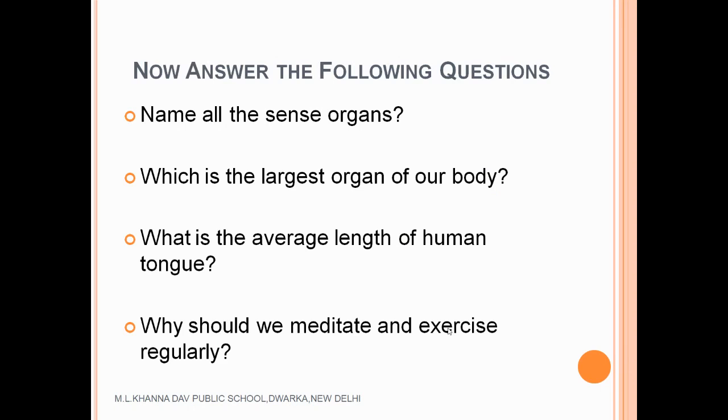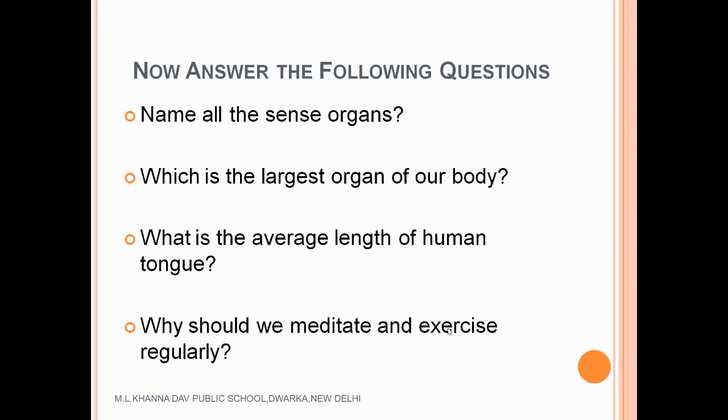Here, let's have a quick check on what you have learned so far. Now answer the following questions. Name all the sense organs. Yes, absolutely correct. We have 5 sense organs: eyes, ears, nose, tongue, and skin. Next question is, which is the largest organ of our body? Skin is the largest organ of our body.